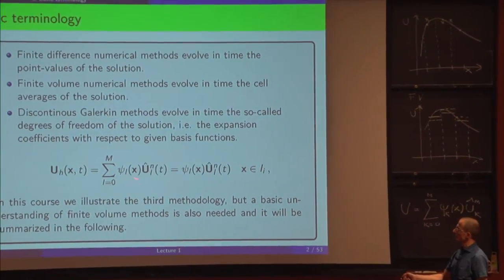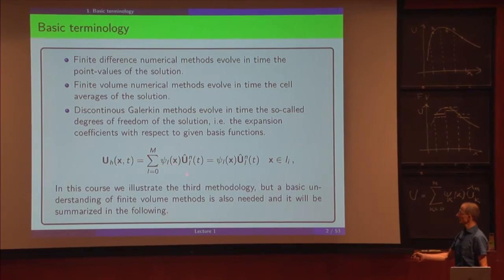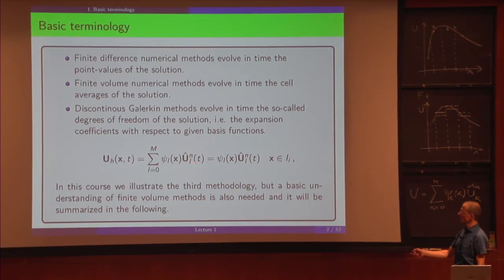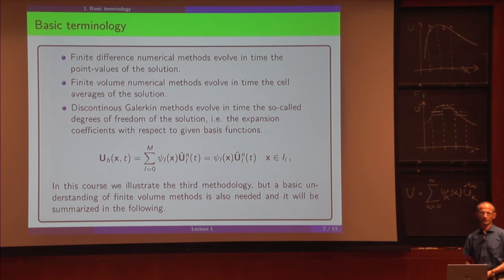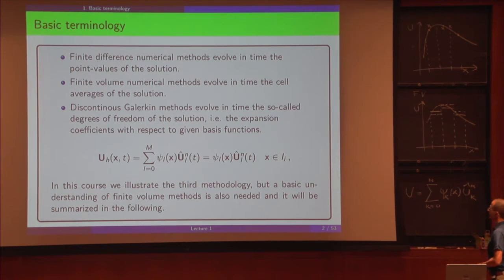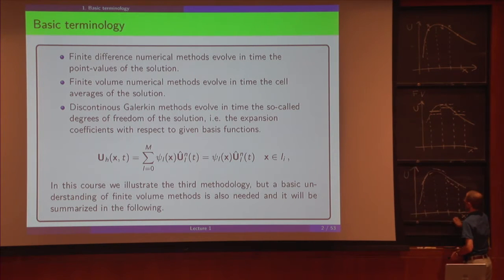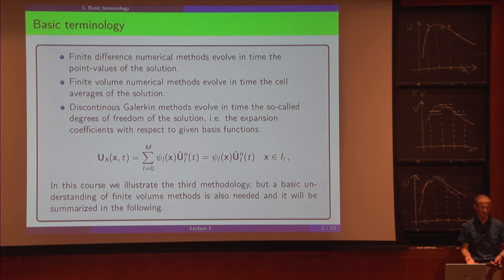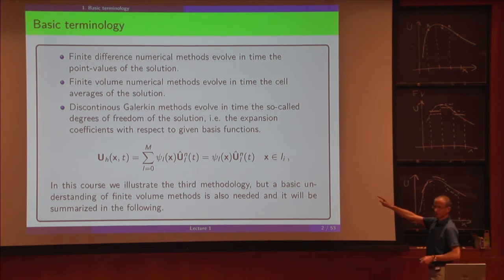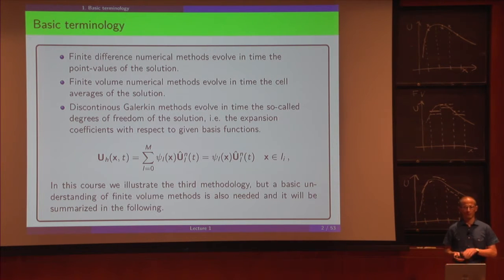So all the spatial dependence is now in this polynomial basis, and the time dependence is in the expansion coefficients, which are also called degrees of freedom in the literature. So in this new approach, we are evolving in time not just a point value, and not just a cell average. It's the entire polynomial that is evolved in time, but essentially through the evolution of these expansion coefficients. We will enter into this a lot during the lecture, but this is just to introduce the topic.